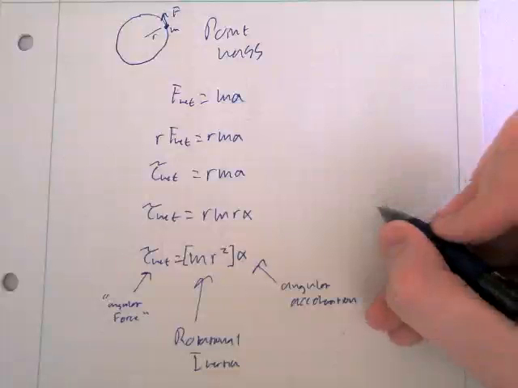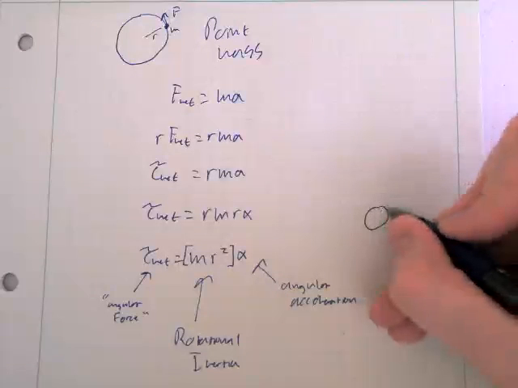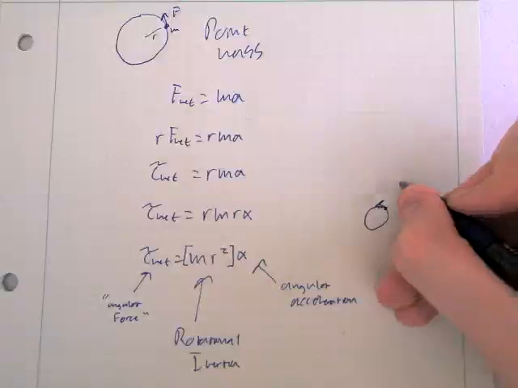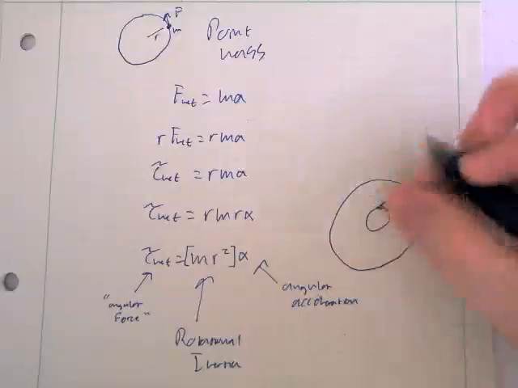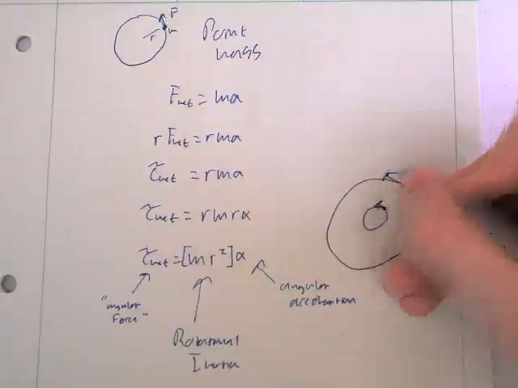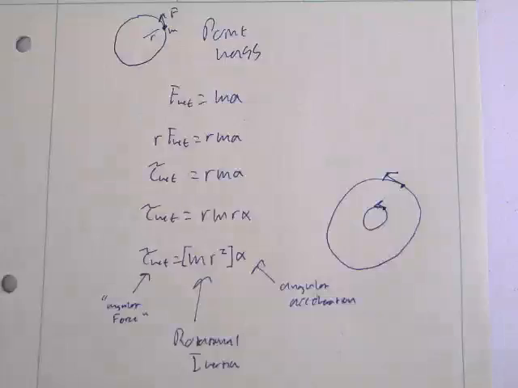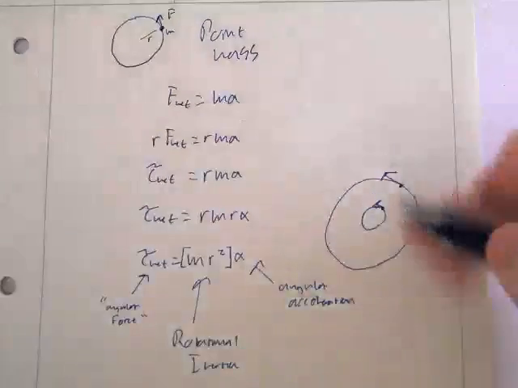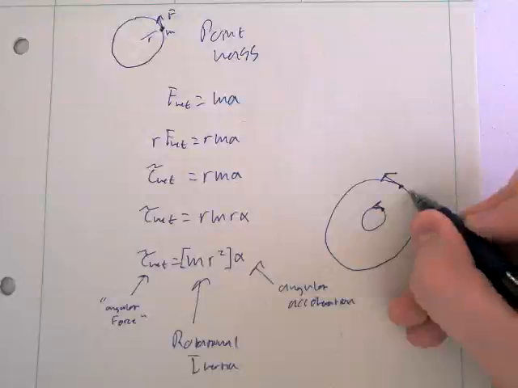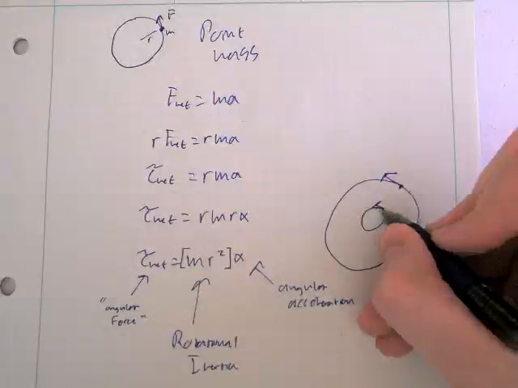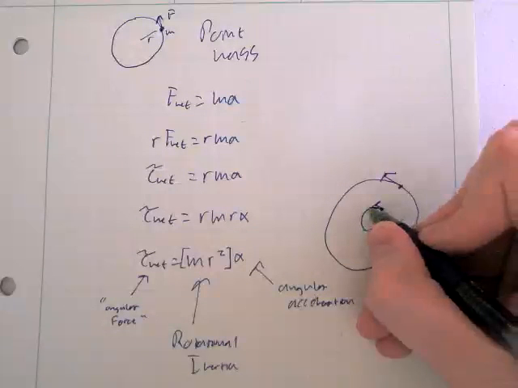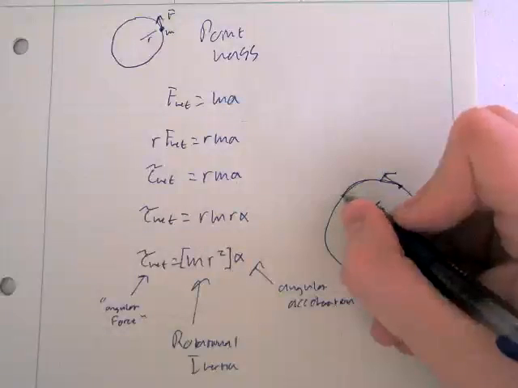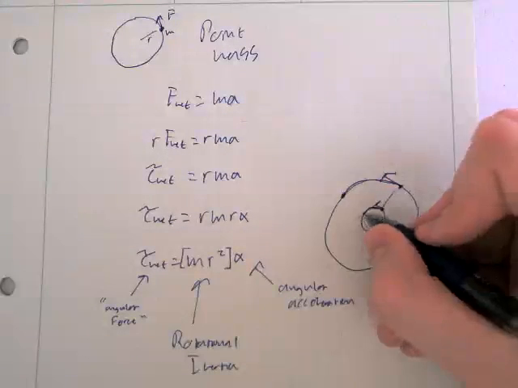So if I have two objects here, let's say I have one object here that's going around this way, and another object here that's going around in this way. If I accelerate them at the same angular rate, but this one obviously is at a much further radius away, let's say they accelerate around the same angular distance, all the way around to here.